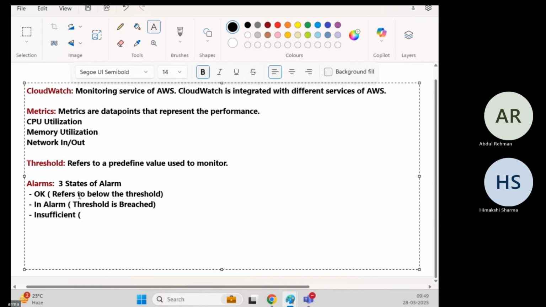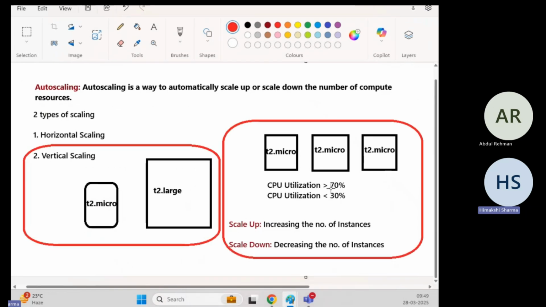Insufficient means CloudWatch is capturing the data, like what is the utilization. For example, if on 70% we want to trigger an alarm, then CloudWatch will be checking the CPU utilization on all these three, whether it is less than 70%, more than 70%, or what.